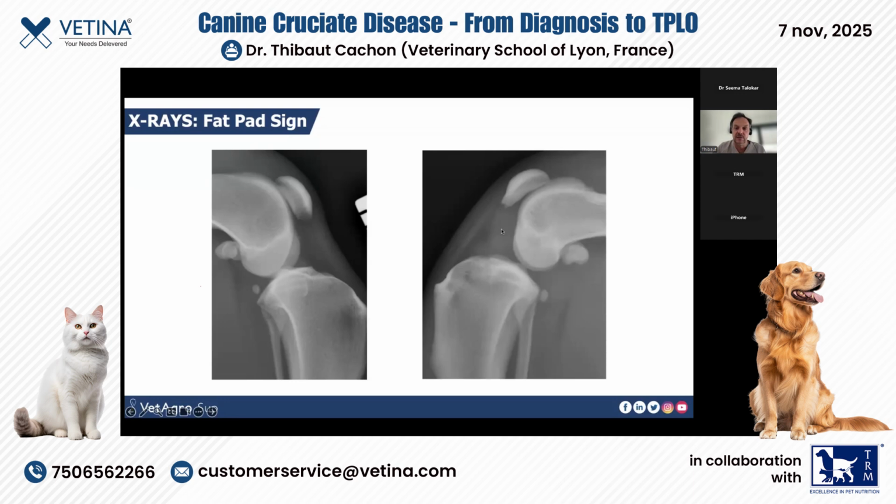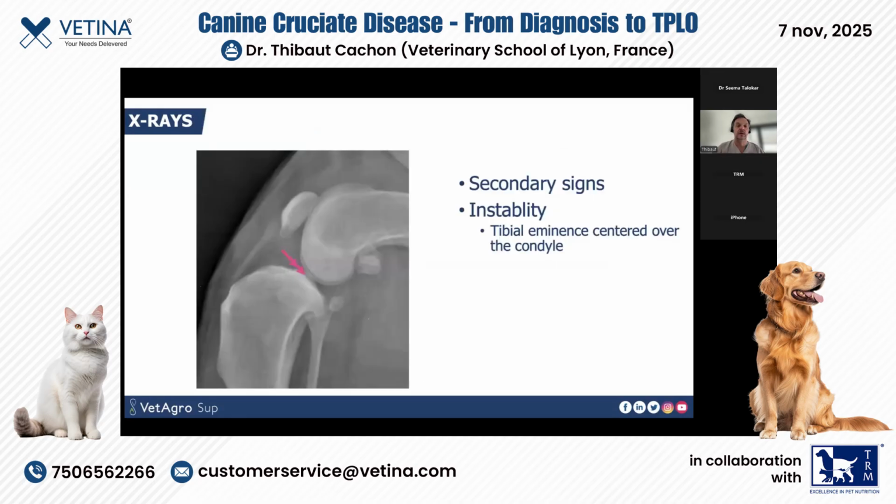And you clearly see this effusion in the stifle. Effusion plus osteoarthritis is highly suggestive of cruciate disease. Second, you can see that the fat pad on the left side is quite large and very small in the right X-ray from this dog.